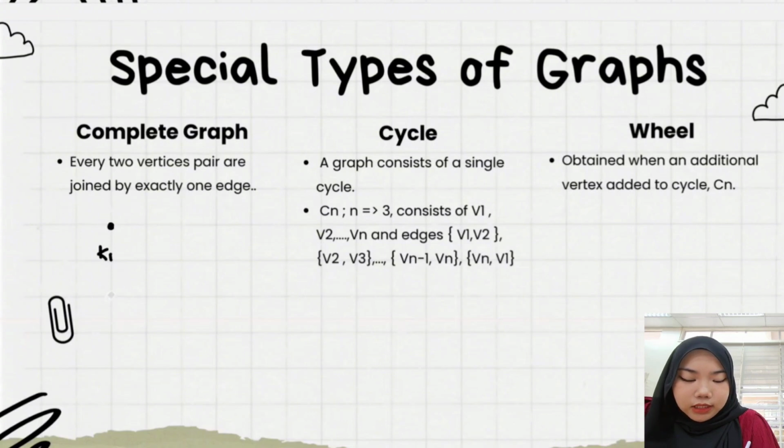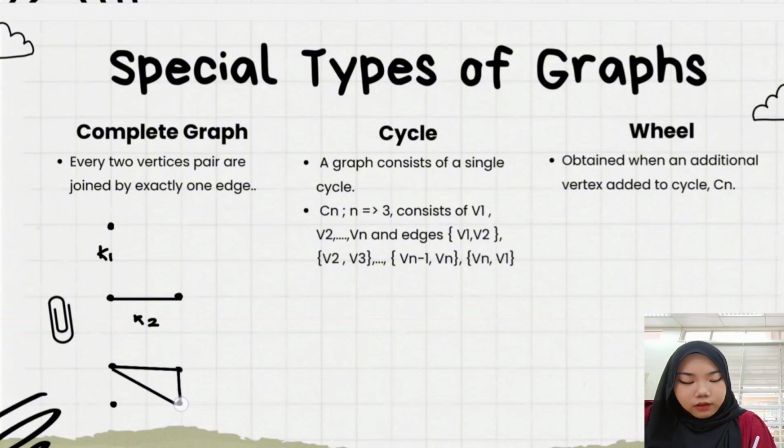Next is like this, where two vertices are joined by exactly one edge. Another example is like this, because each vertex is connected with the other vertices. So this is considered a complete graph.